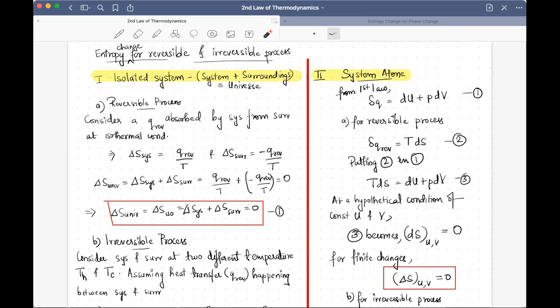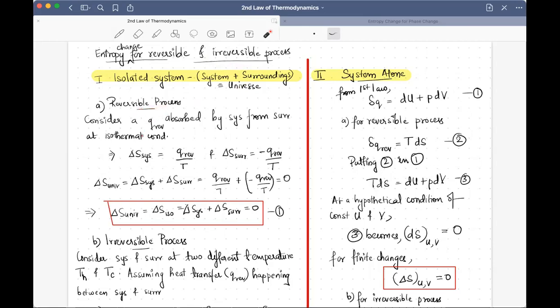If we take system and surrounding together, we can consider them together as an isolated system. So with that in mind, let us look first at the reversible process.